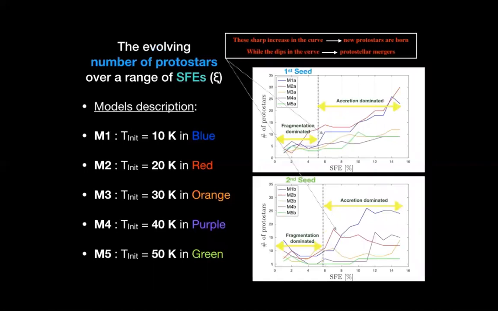We also analyze the number of protostars. Again, once the protostars are forming and the regime is fragmentation-dominated, we do not see a real trend. But once you reach the accretion-dominated regime, you start seeing a trend: fewer stars are forming for the warmest cores and more stars are forming for the coldest cores.